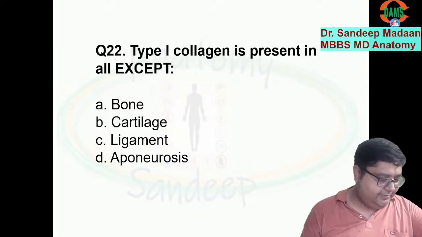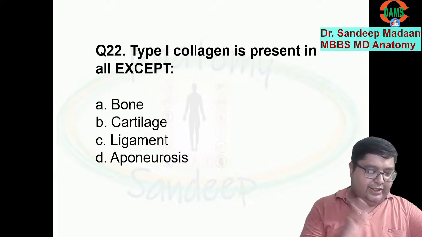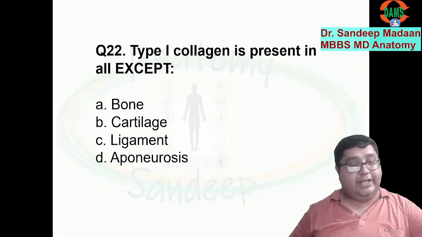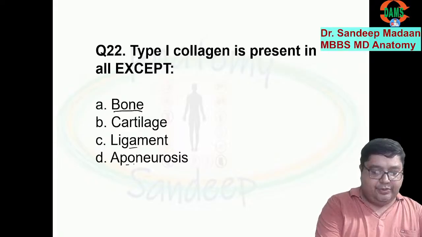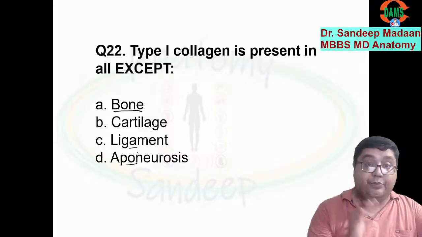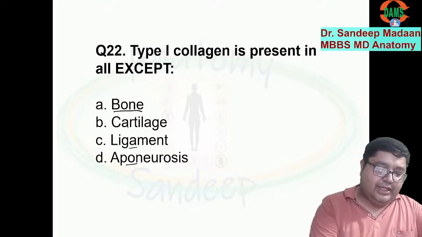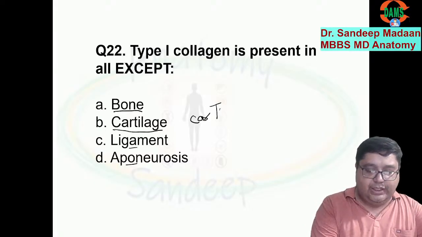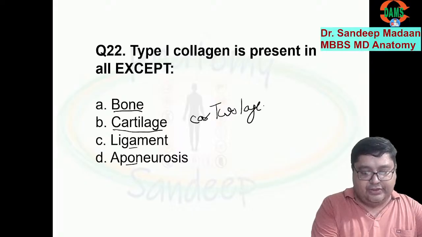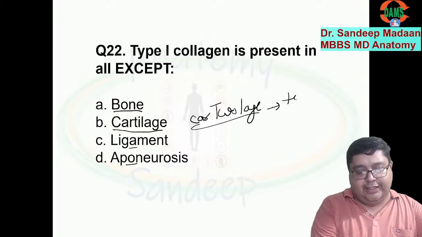Type 1 collagen. Now, if you ask me, all of them can be an example of type 1. Yes, because bone is a typical example, ligament and the aponeurosis are also typical examples of type 1 collagen. What about cartilage? Cartilage can be the answer because by and large, it is having type 2 collagen.